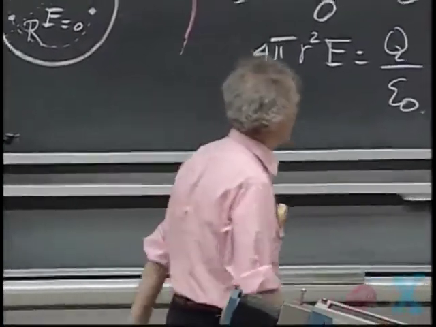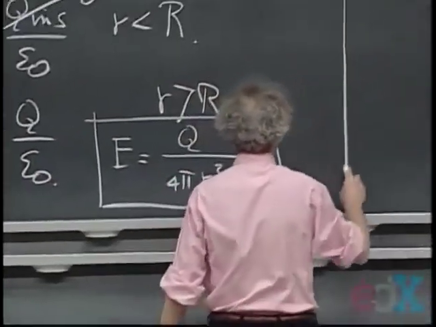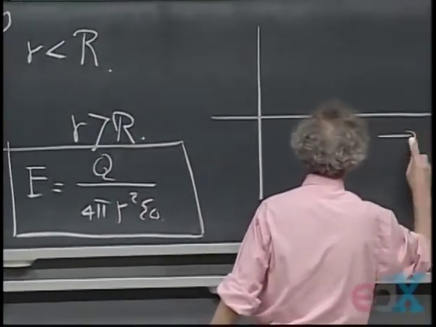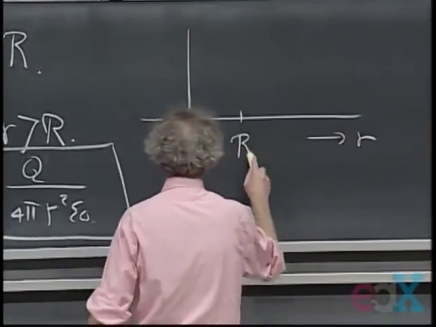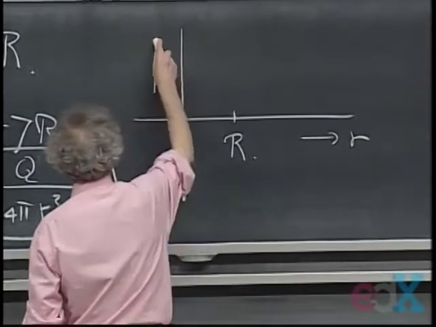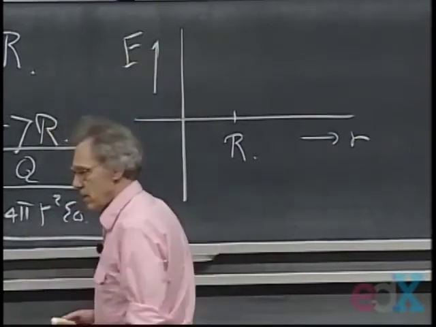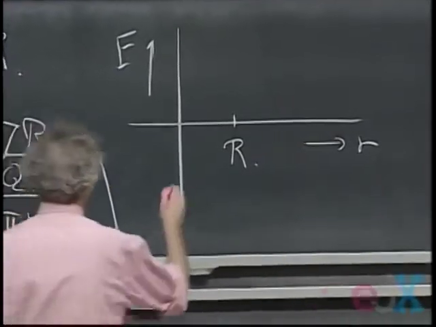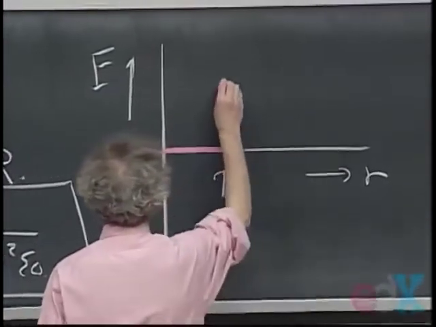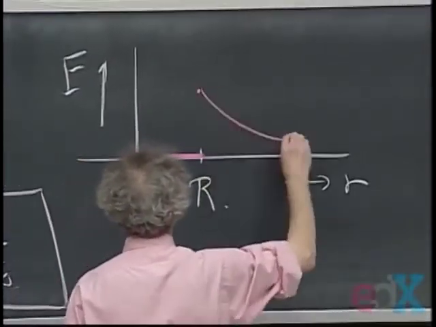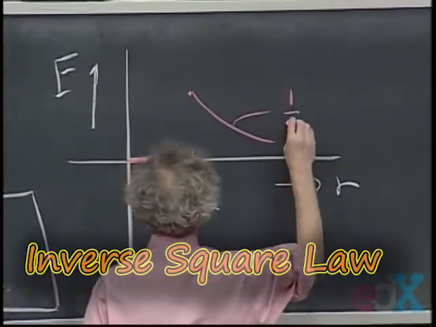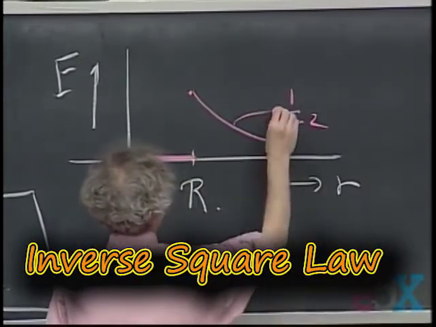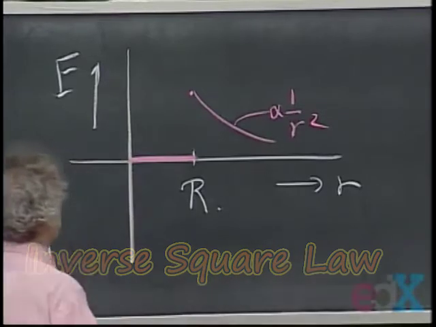If you plot the electric field as a function of R, and if here is capital R, and if this is the field strength, then you would get that the electric field is zero inside, jumps to a maximum value, and this falls off as 1 over R squared, proportional to 1 over R squared.